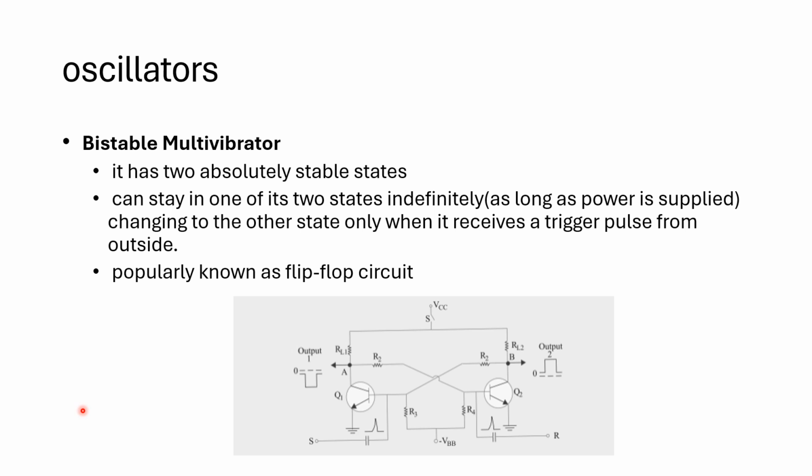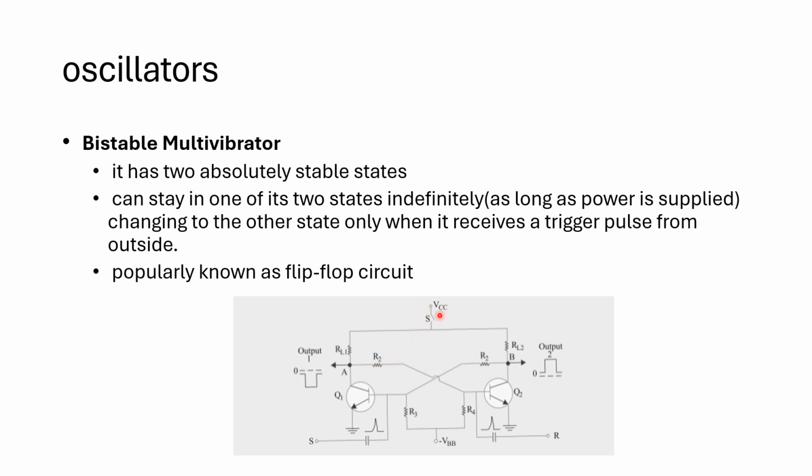This is also what we call a flip-flop, also called the RS flip-flop. If you look at the internal circuit of an RS flip-flop, it is composed of a bistable multivibrator. As you can see, no charging elements, no capacitors included.